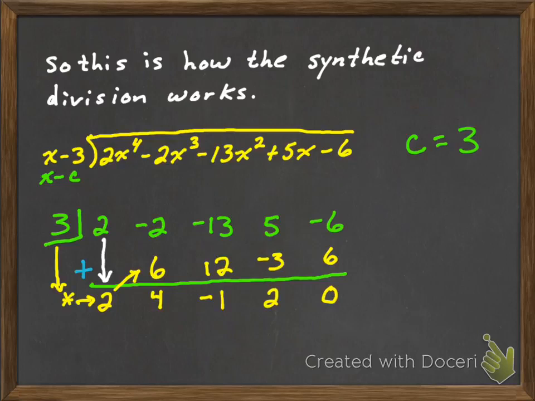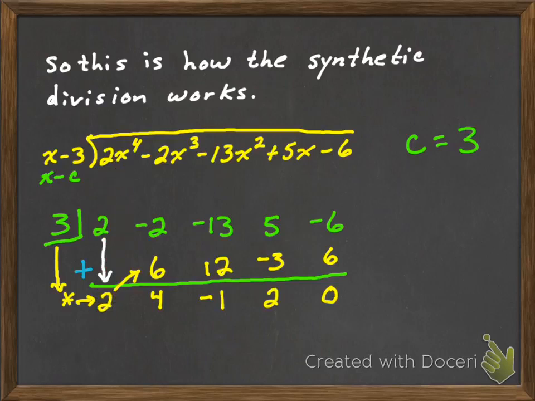All right, so the last thing we have to do here is to put the variables back into our answer. Now, if your polynomial starts with a 4th power, that means your answer will start with a 3rd power, x to the 3rd power. So your answer will always start with one exponent less than what the original problem started with.